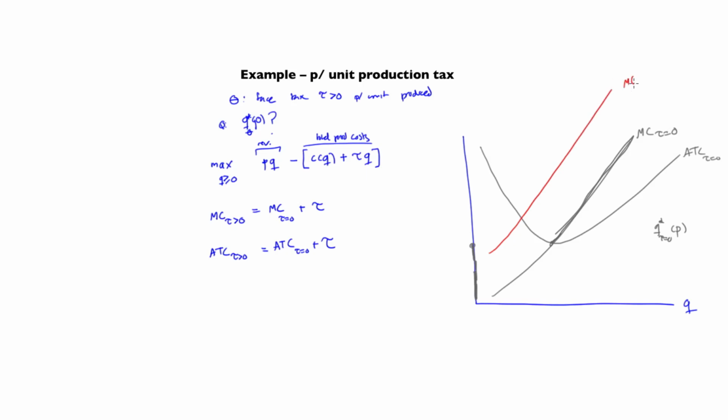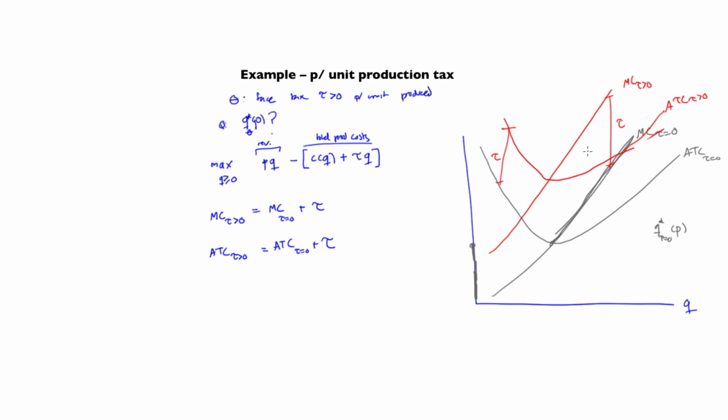So this is marginal cost with tau greater than 0, and that's just a shift of tau everywhere. And the same thing for the average variable cost curve. So now it looks like this. Sorry, it's not perfectly drawn there. It's a constant shift of tau everywhere. And this is the average total cost curve with tau greater than 0.